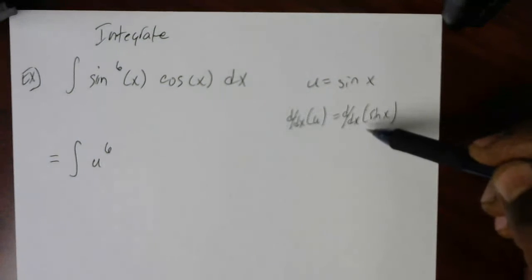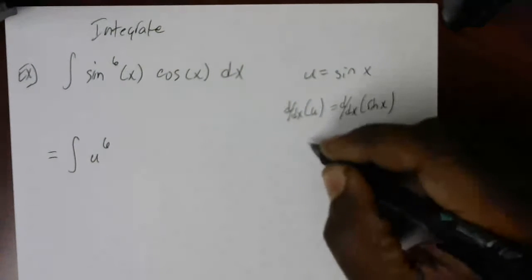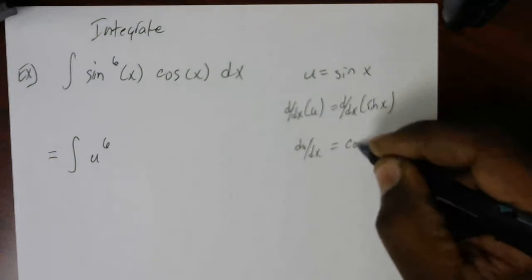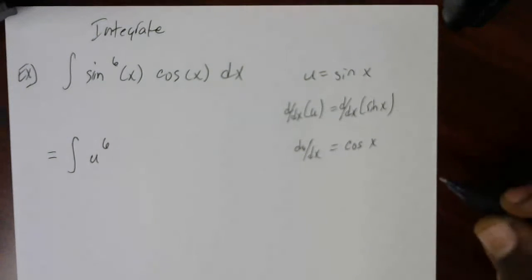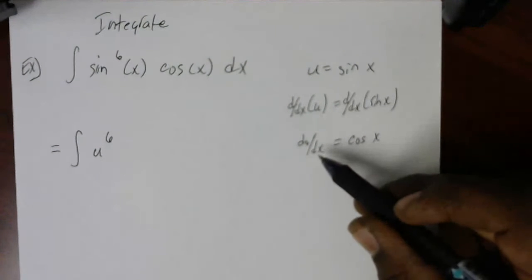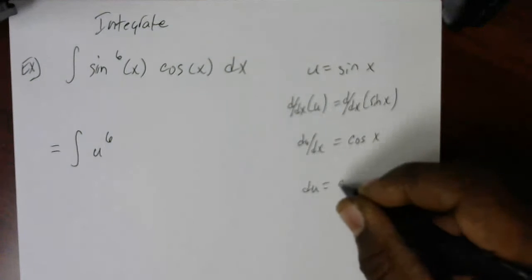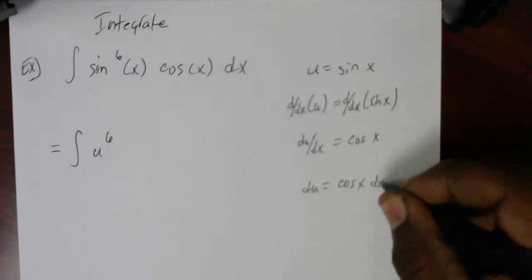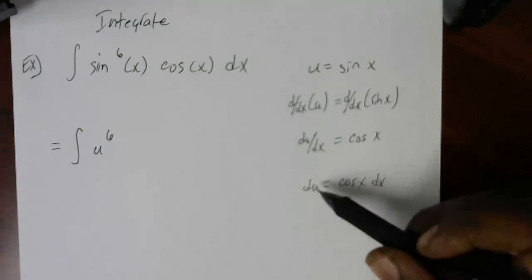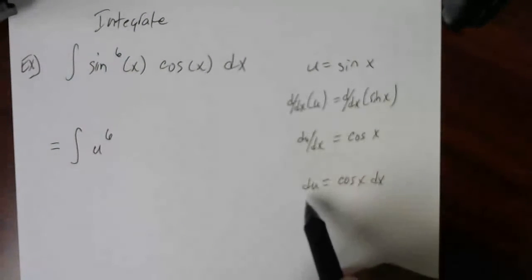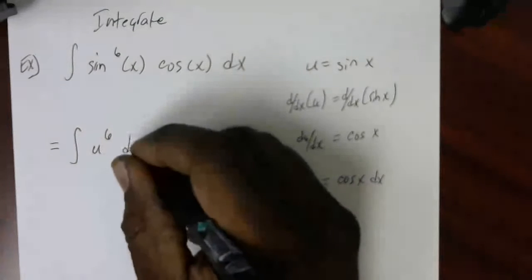The derivative for sine is cosine, so we have du dx is equal to cosine x. I'm going to multiply both sides by dx, so du is equal to cosine x dx. That allows me to substitute cosine x dx for du.